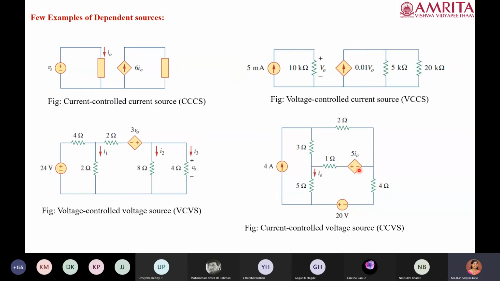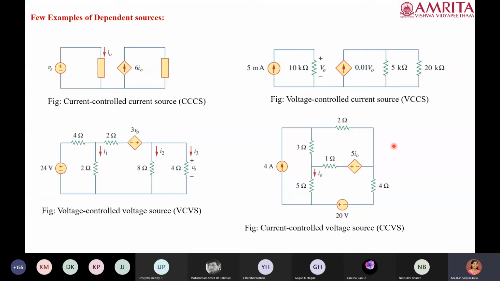However, this dependent source is purely dependent on this I naught. So if there is any change in I naught because of the change in the circuit element, then correspondingly this voltage will be affected. But it is a voltage source. Are you able to understand? Yes. Okay, fine.